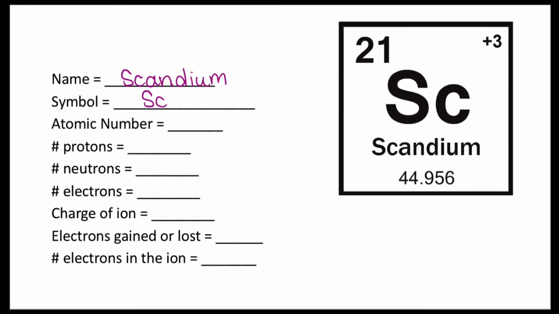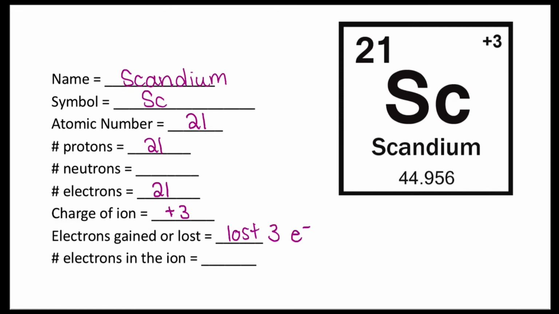The atomic number here is 21, which would mean we have 21 protons. The number of electrons, because we're dealing with an element, is also 21. The charge is +3, which would mean we have lost 3 electrons, which is symbolized by e-.